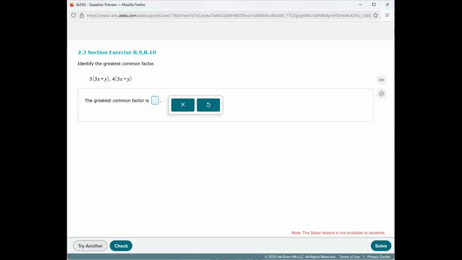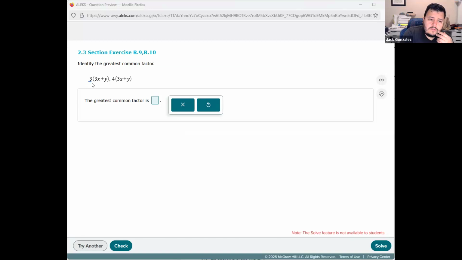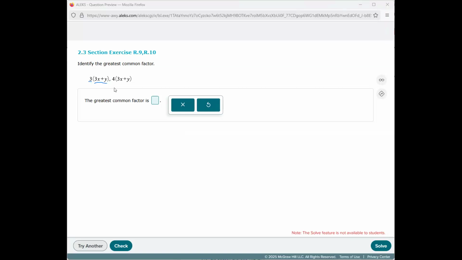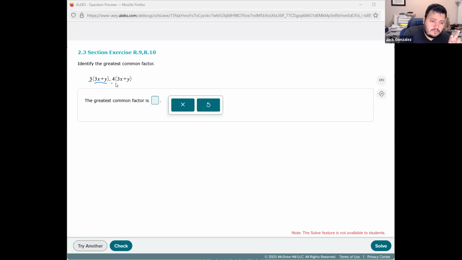Yeah, so treat this as a factor here. Anything that you're multiplying together are factors. So 3 times 3x plus y are 2 different factors. 4 times 3x plus y are 2 factors. So they both have this factor in common.